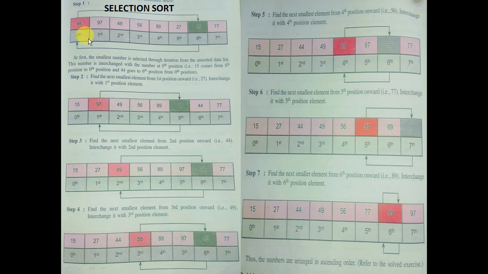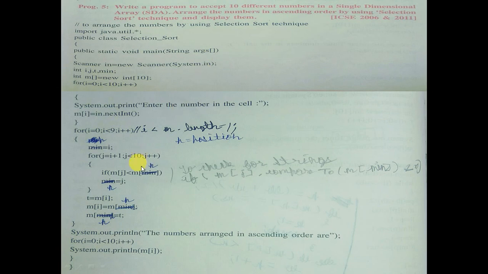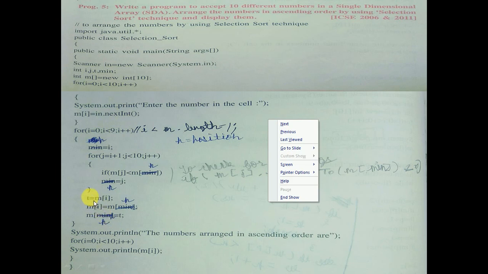Now we are supposed to exchange these two. That is done in the outer loop. The loop gets over. As I said, in a temporary location, I copy that number. The 0 position value, I am copying in the temporary location. Now in the 0 position, I shift the 6 position value. In the 6th position, I bring the number that was in the 0 position, that I shift over here.